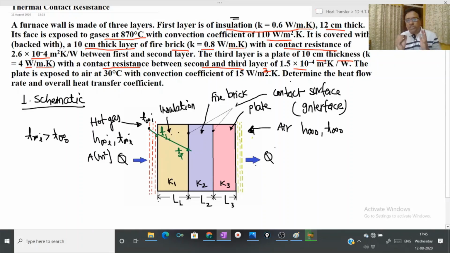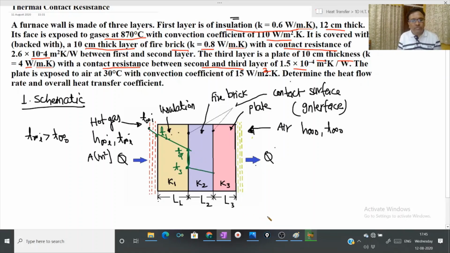By virtue of this thermal contact resistance, a temperature drop will take place at the interface between insulation and fire brick material, let's say from T2 to T3. Further heat transfer will take place through the fire brick material.